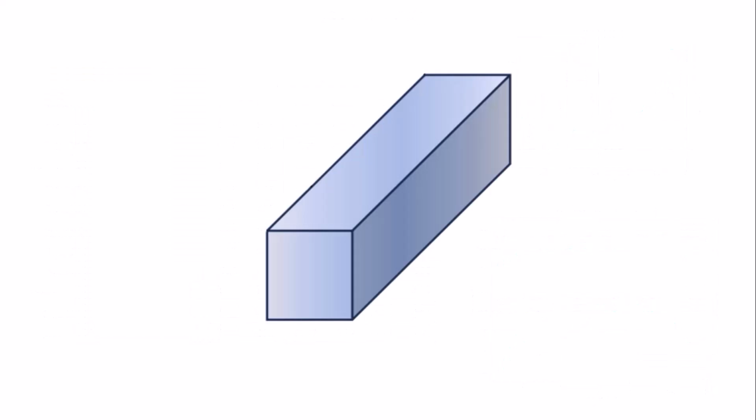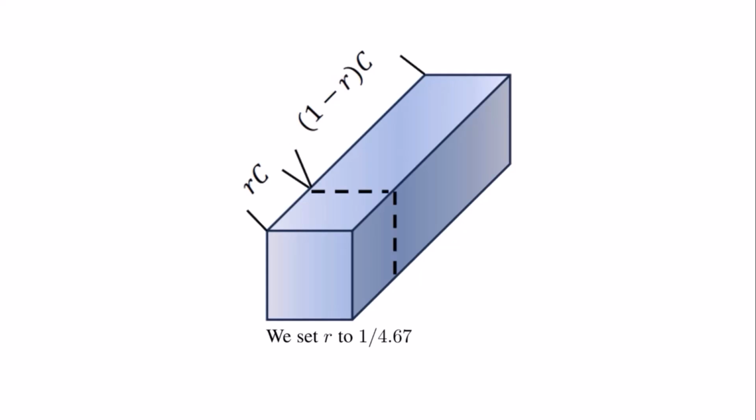So the first thing to talk about is how they come up with the new block of the transformer in the micro design. They said, let's say I have a feature volume like this, and select the first R portion of it and denote it by RC, and the remaining part as (1 minus R) times C. And they set this R to be 1 divided by 4.67.